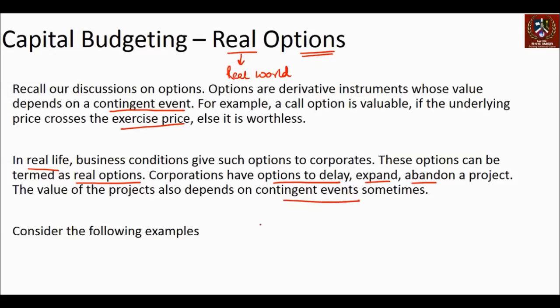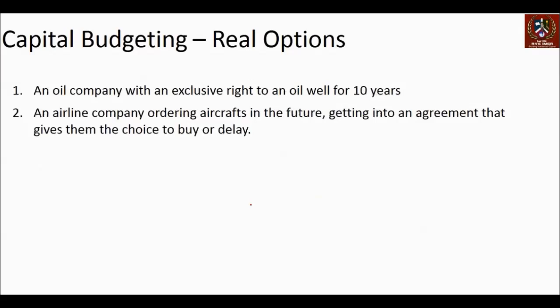Consider two examples. Take the first example of an oil company with an exclusive right to an oil well for 10 years, right? Now, let's assume in case one, the cost of producing oil for the company is $80 per barrel of oil, right? $80 per barrel of oil.